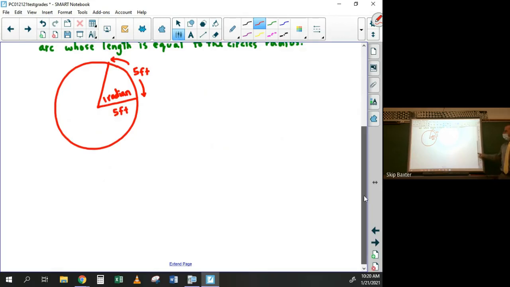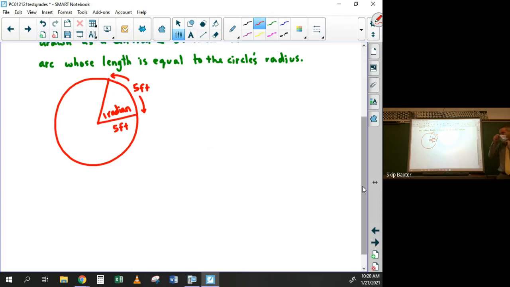You could just think about this intuitively. Do you think a radian is less than or greater than 60 degrees? Say that again. Just based on this definition, do you think one radian is less than or greater than 60 degrees?